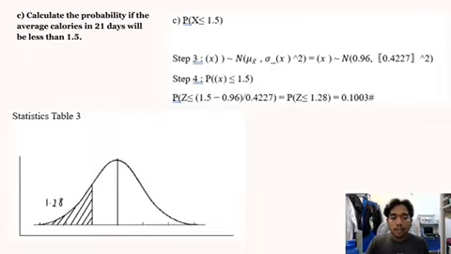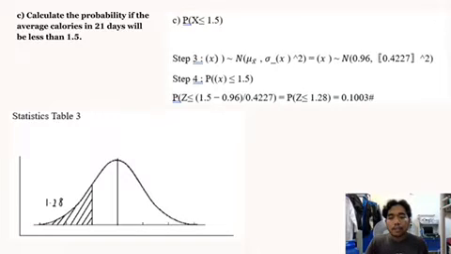We put it into this formula, and we get the distribution value for the probability is 0.103.